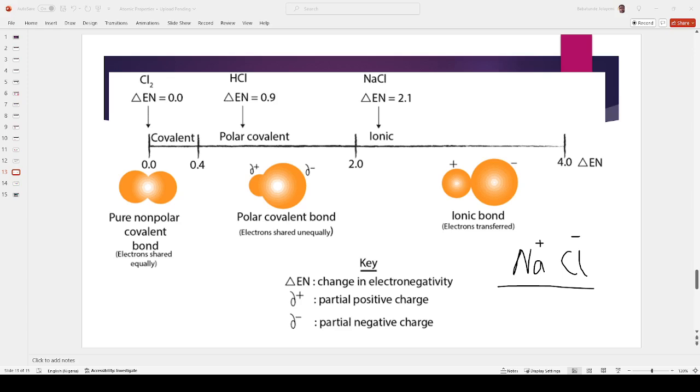For the sodium ion and the chloride ion, this is a very good example of a polar substance, which this diagram describes: the electronegativity of chloride ion and the electropositivity of sodium ion. The partial positive charge and the partial negative charge constitute polarity.